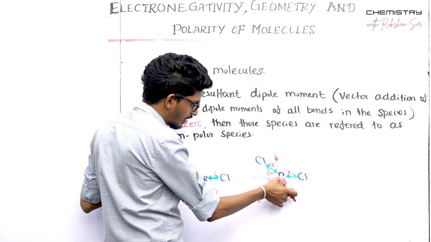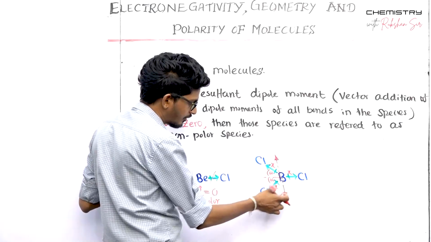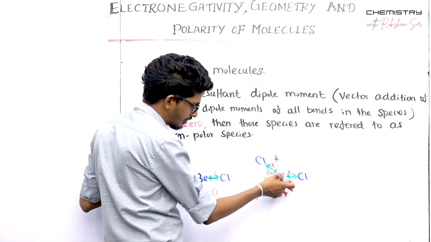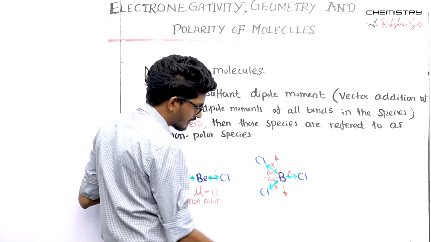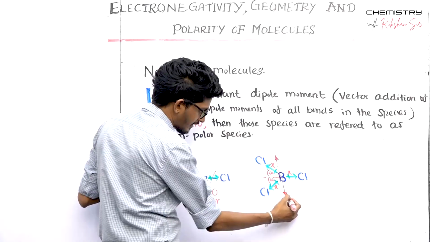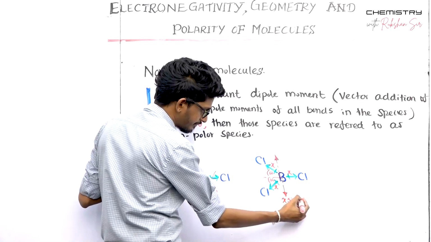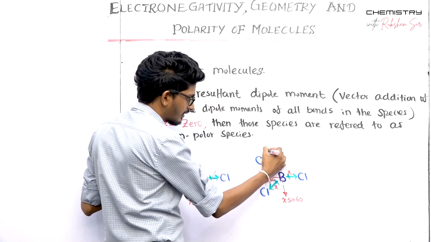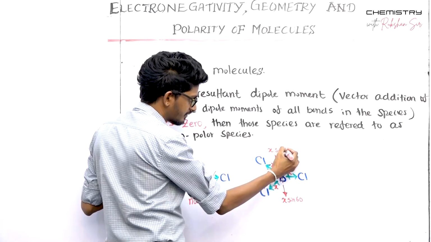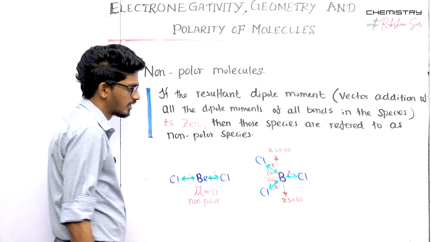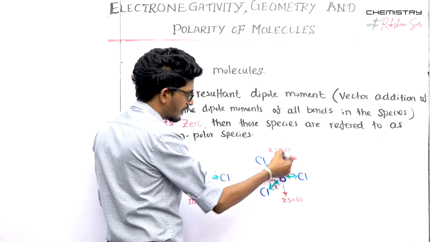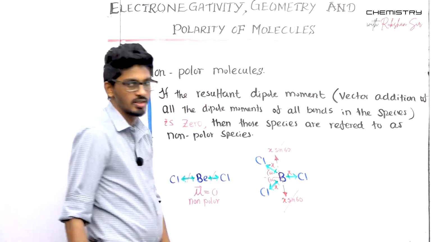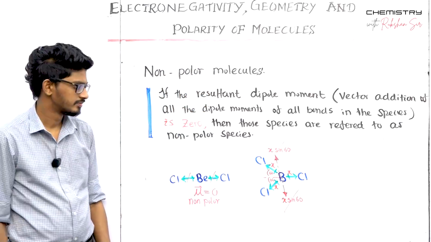So the vertical resolve of this bond is x sine 60, and here as well x sine 60. So these two things will cancel off, 2 of x sine 60.